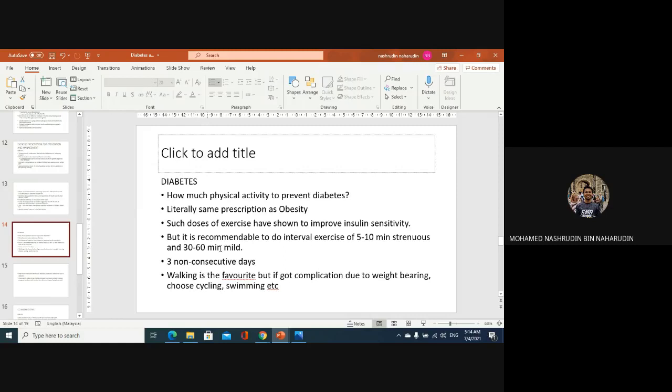And as I mentioned previously, it is recommendable to do interval exercise of 5 to 10 minutes of strenuous exercise in 30 to 60 minutes of mild exercise, meaning that between low to moderate intensity exercise, you have to include high intensity exercise because you have to train them to adapt to high intensity demand.